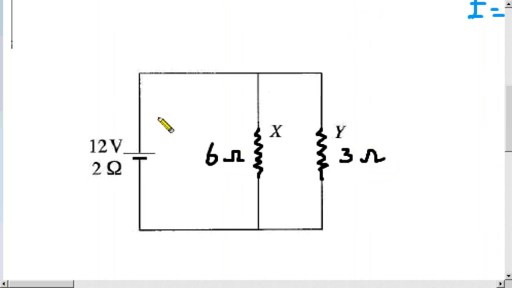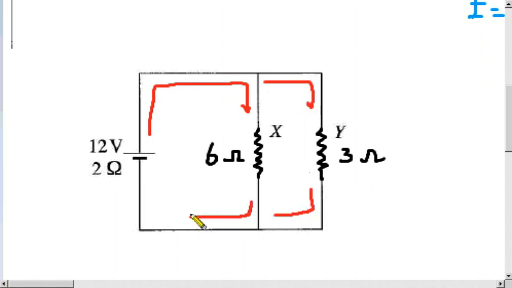The current passes starting from the positive side and flows along this line, and some current goes this way and some goes this way, and altogether they gather together and go to the negative side of the battery.